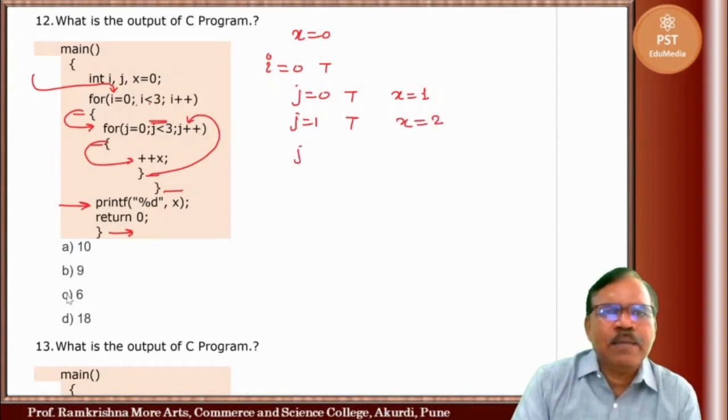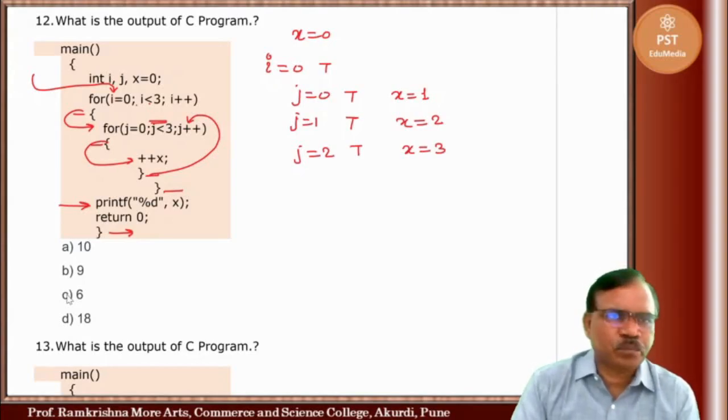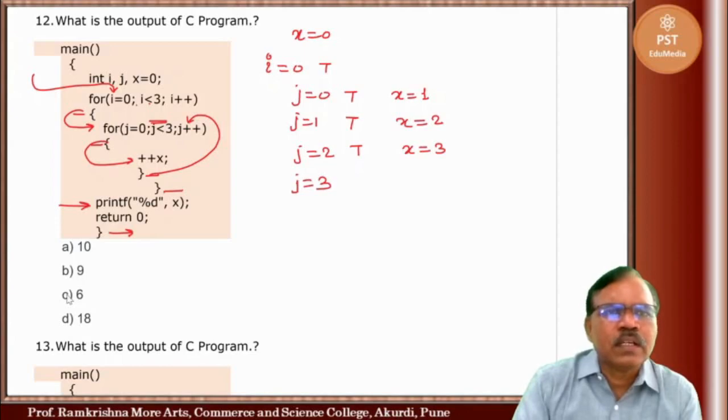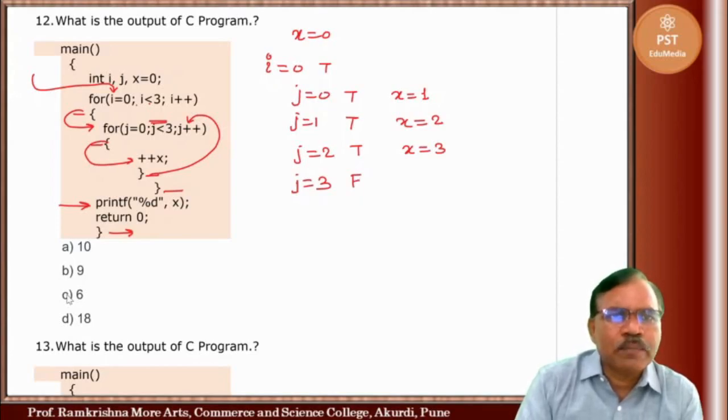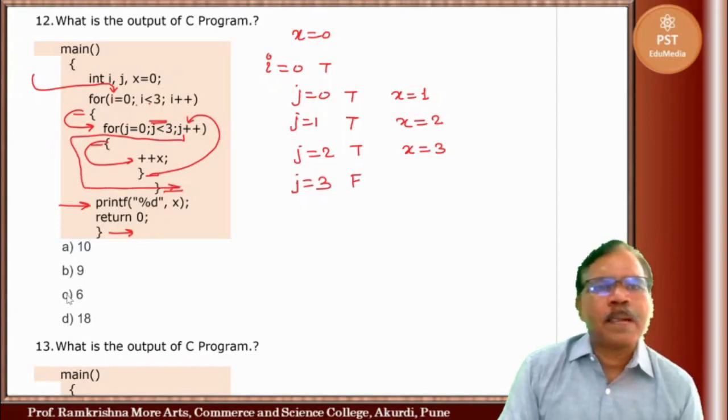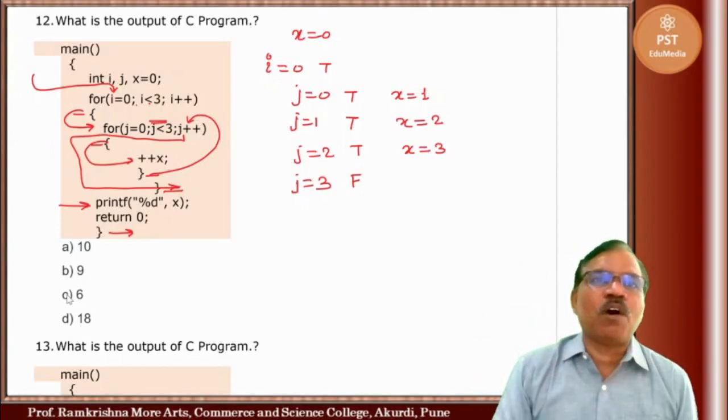Now j becomes 2, condition is true, so x will become 3. Now j becomes 3, j less than 3, no, it is equal to 3, so the condition is false. So what happens, the condition is false, so it will directly go outside the loop, it will come here at the end of the first for loop.